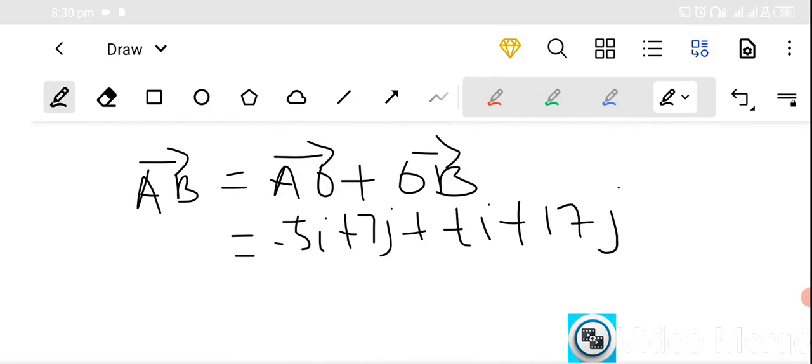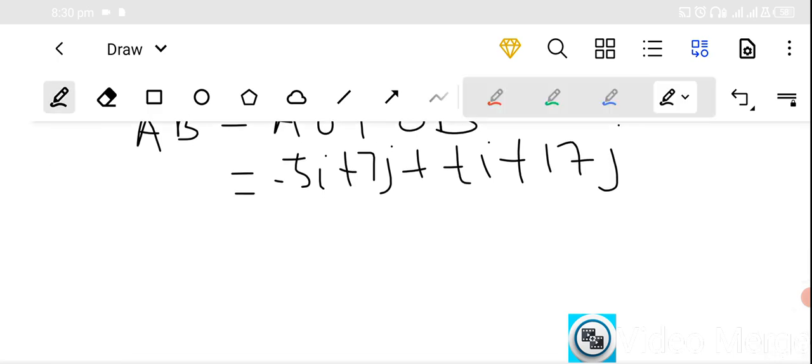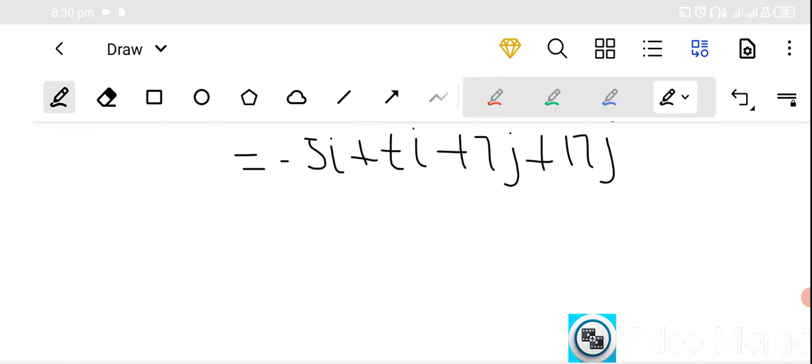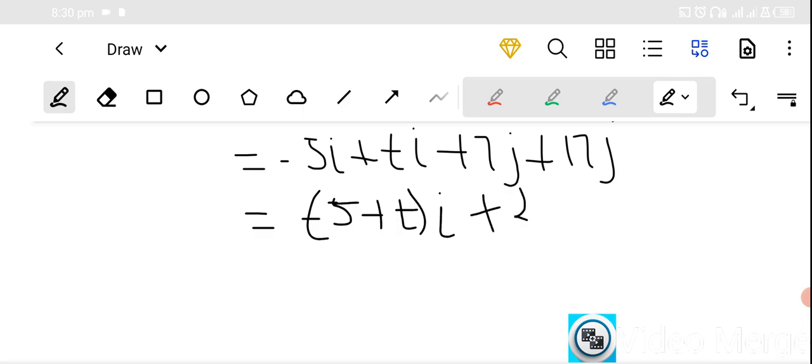Okay, so group like terms together, equal to negative 5i plus Ti plus 7j plus 17j. So you're going to factor out the i, which is negative 5 plus T, like that, i. Then here I'm going to have 17 plus 7, which is going to give you 24j, because 17 plus 3 is 20 plus 4, 24.